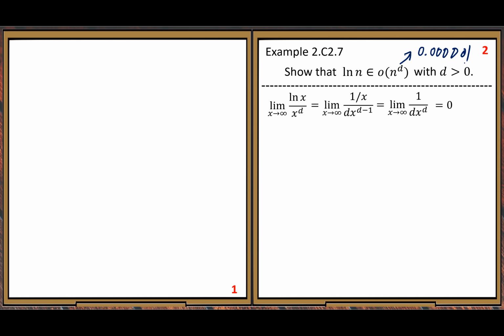You take the 1/millionth root, how small it is. But it still increases much faster than the natural log function. Even if you take the 1/millionth root, when you consider the limit, the limit still equals 0.